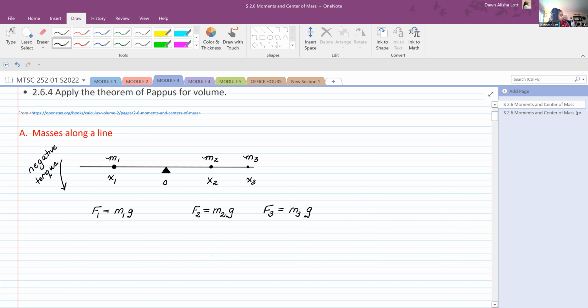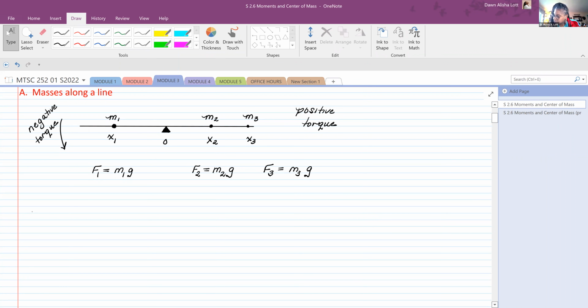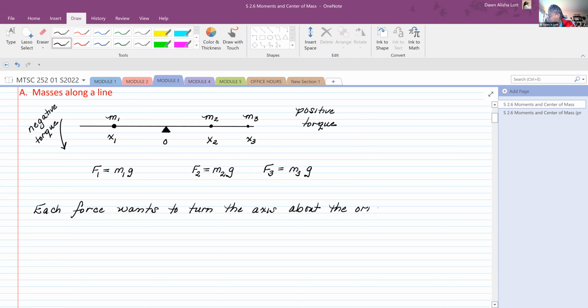Over here is positive torque. Okay. All right, so each force wants to turn the axis about the origin. Okay, it wants to be able to rotate like this.